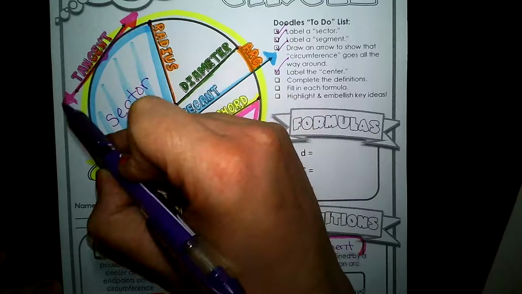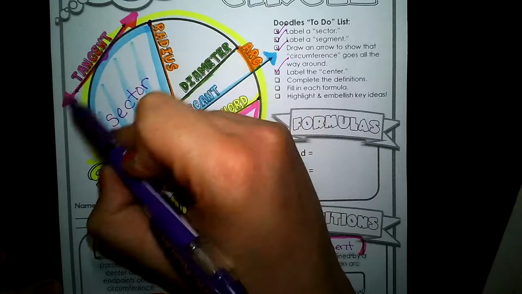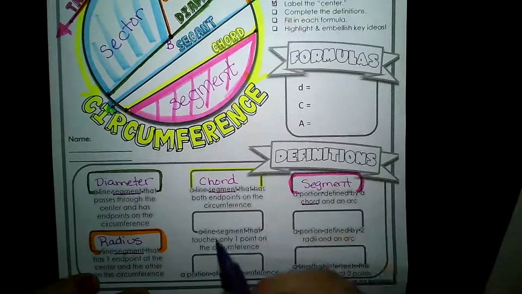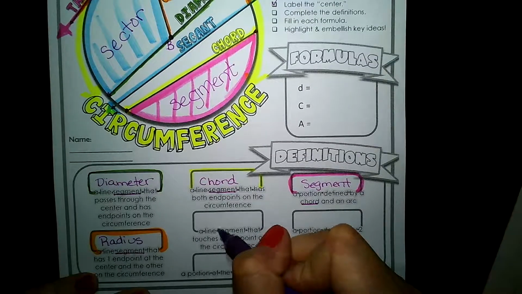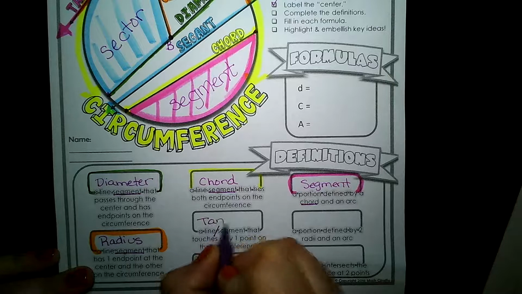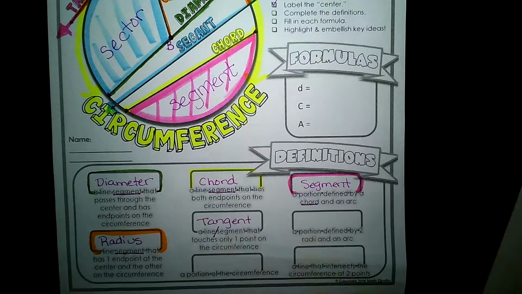And a tangent could be a segment, but it also could be a line. So I think what I'm going to do to this definition is put a slash in there. It's a line or a line segment. It could be either one. So it's a line or a line segment that touches only one point on the circumference of the circle.